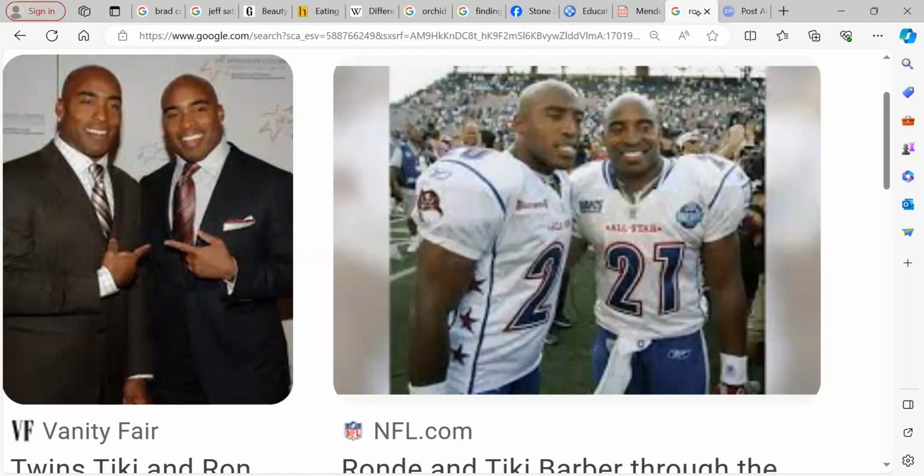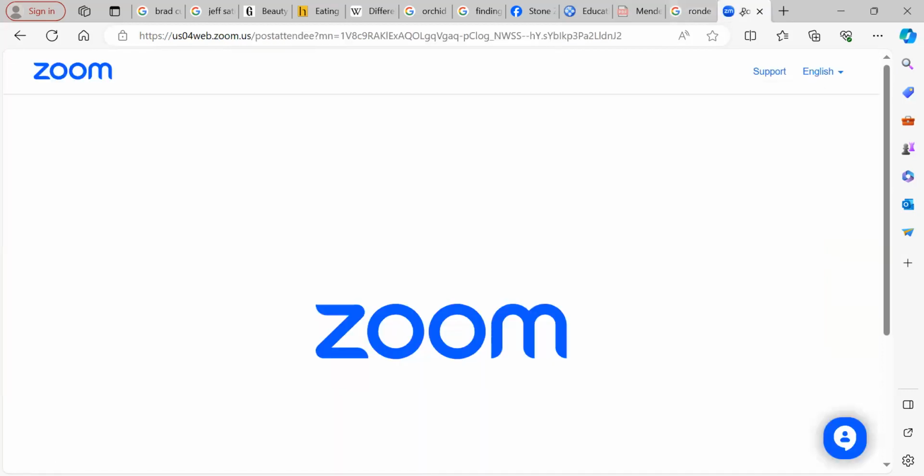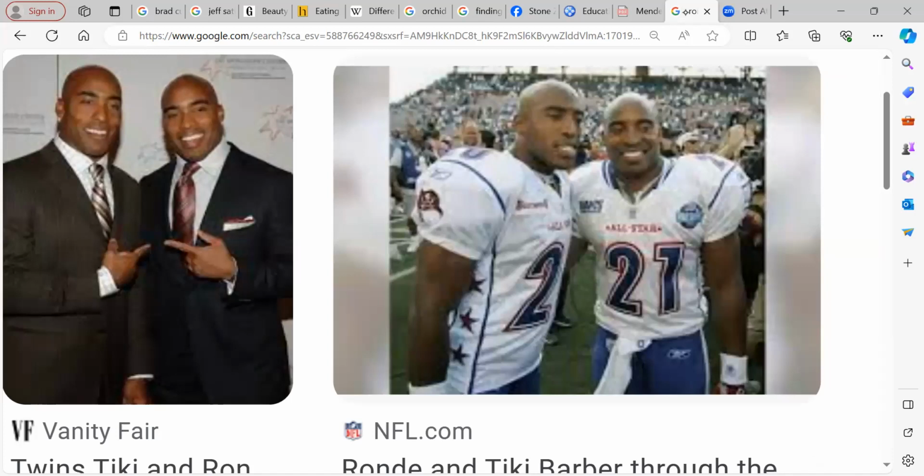They're twin brothers. But I looked up their stats, and I don't have it up here, but I'll tell you, Ronde is 5'10", 183. Tiki is 5'10", 205. Ronde's position was defensive back. You got to be lighter and faster. Tiki was a running back.